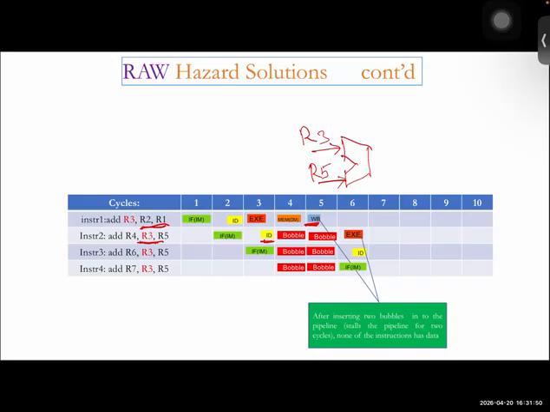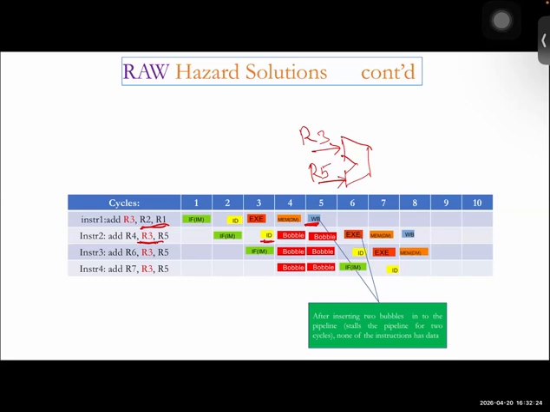Then at the seventh cycle, instruction 2 moves to the memory access stage, instruction 3 moves to the execution stage, and instruction 4 moves into the instruction decode stage. At the 8th cycle, instruction 2 completes its execution and writes the value into the R4 register.